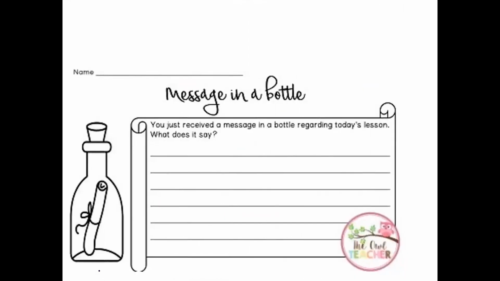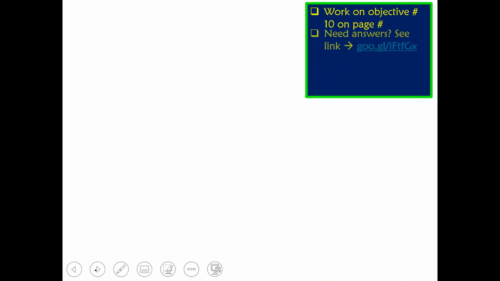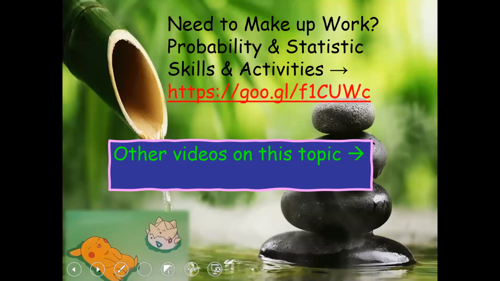All right, your exit ticket is a message in a bottle. You just received a message in a bottle regarding today's lesson. What does it say? Copy that down somewhere in your guided notes, or you can use a sticky note.